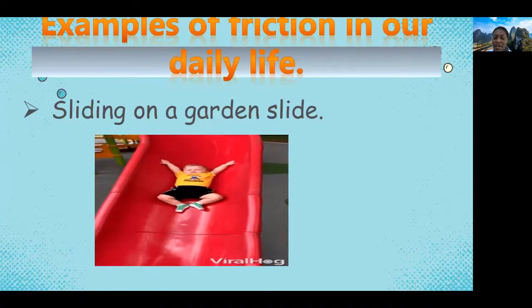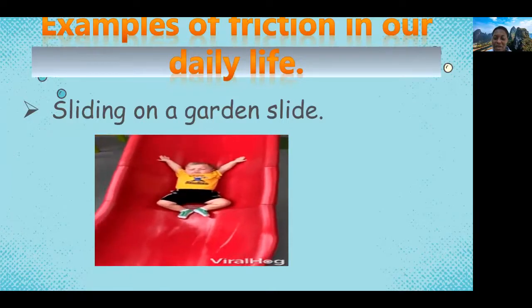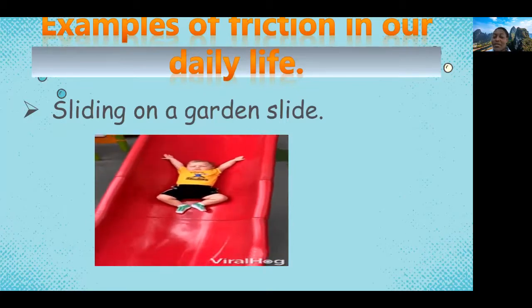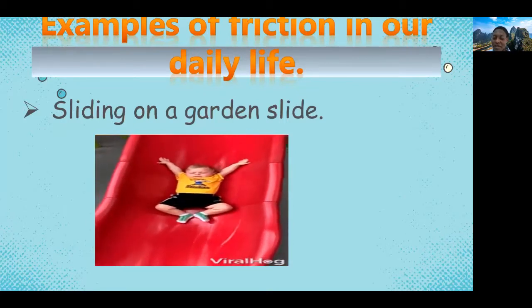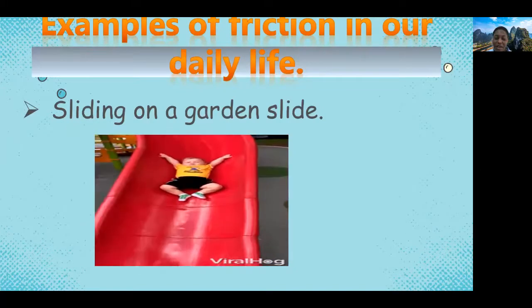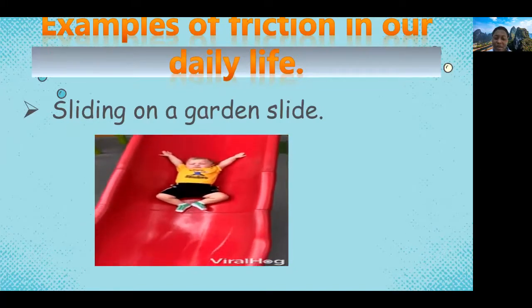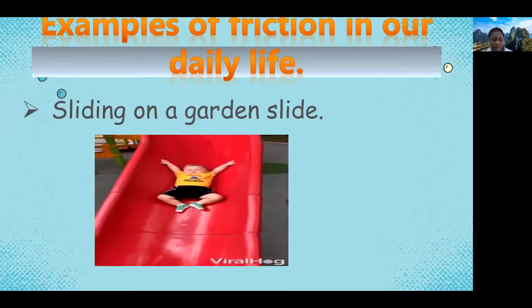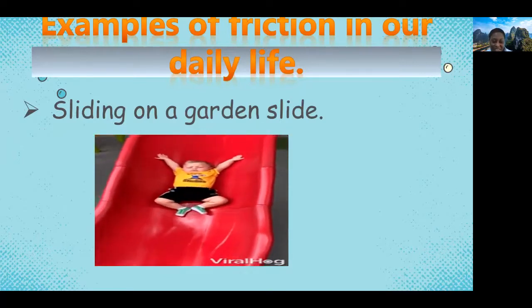In making this slider smooth, we are reducing friction. So there, friction is being reduced by making this surface very smooth. Slow. Oh, this one is coming down slow.